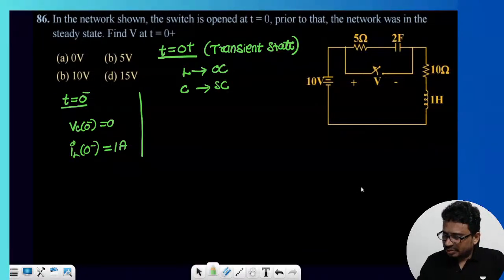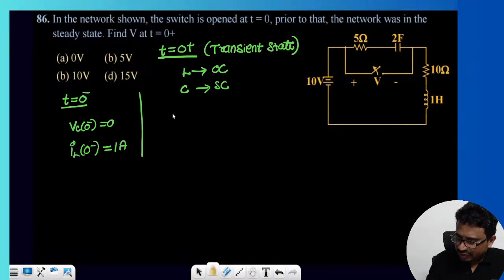Now let's redraw the circuit for 0 plus. Here the capacitor is shorted and the switch is opened. Now the switch is open.